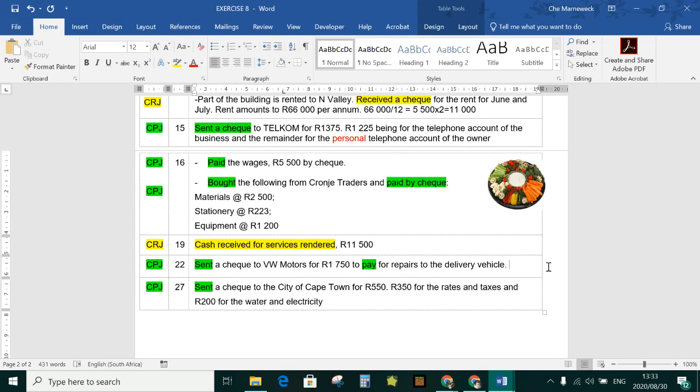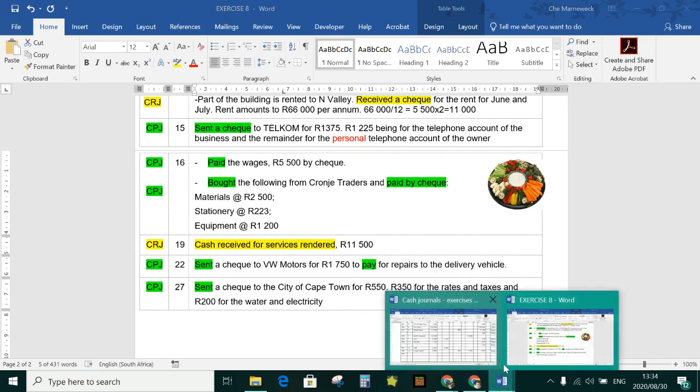If we buy a vehicle, that's vehicles. So delivery van, car, truck, bike, whatever, that's vehicles. If we pay for petrol, that is going to be recorded as fuel. And if we have repairs to that particular vehicle, that is vehicle expenses. So in this case, we've got repairs, so that's going to be vehicle expenses, 1,750.